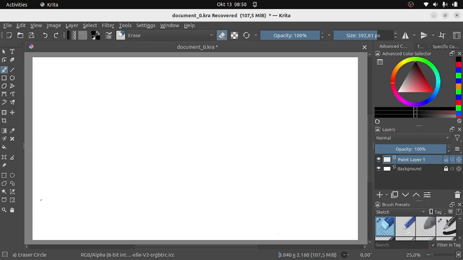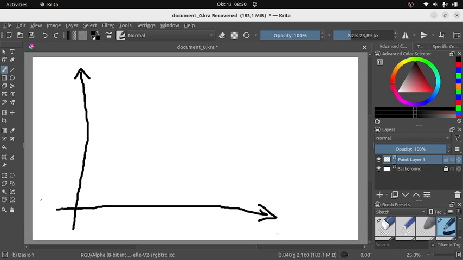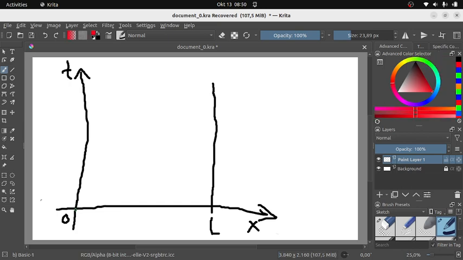If we have here 0, this is t, and this is x, and here is L, where we have the boundary conditions, then all of these points here are known because of the boundary conditions, and then these are known as well.